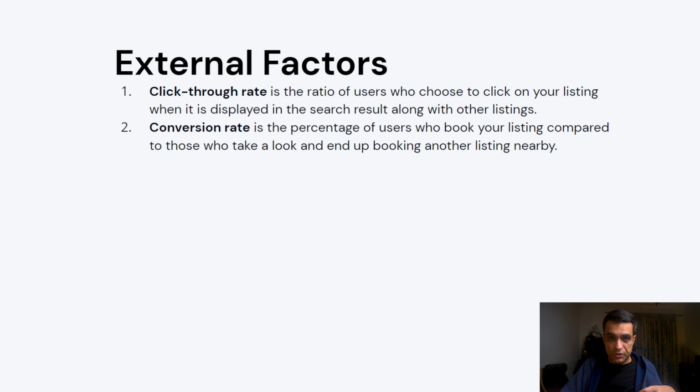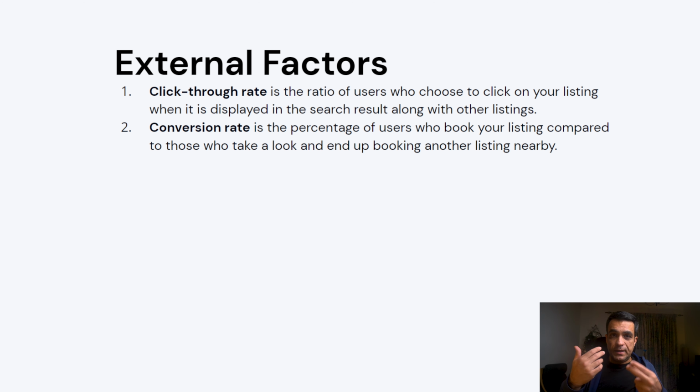Next is the conversion rate. What is the percentage of users who book your listing compared to the ones who take a look and end up booking another listing nearby? Let's say your property was clicked 10 times out of 100 times it was displayed. Out of those 10 times, how many times does it get booked? Two times or five times?